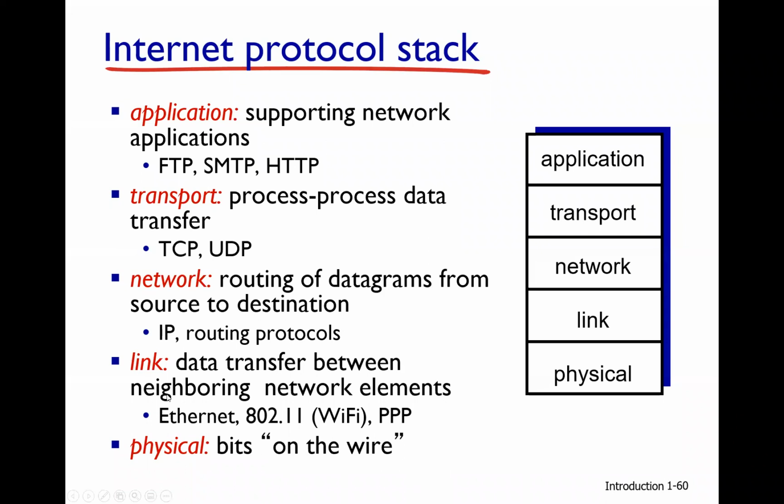And coming next, the link layer protocols talk about this one-hop communication between your end system and the next immediate router, or the router and the next immediate following router. So this really just talks about one link between two entities. They can either be end systems or routers. And here, they're responsible for data transfer for their neighboring elements.